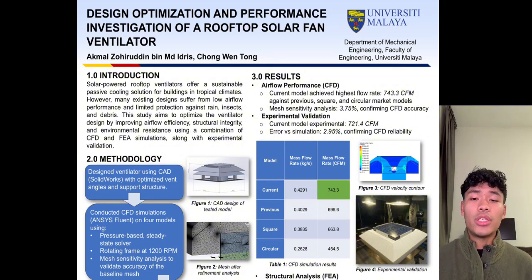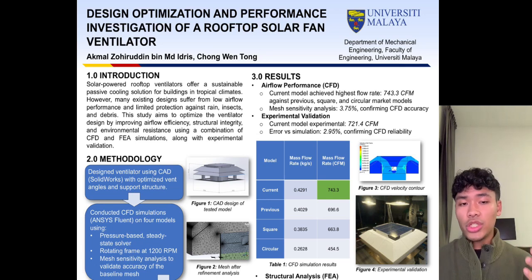Figure 3 illustrates the velocity contour of the current design, showing the smooth upward flow with minimal turbulence. Experimentally, the current model reached 724.4 CFM as seen in Figure 4. This results in a 2.95% error, which can be attributed to minor differences in fan RPM between simulation and real-world testing. Even with this difference, the error is very low, confirming high reliability of the simulation results.